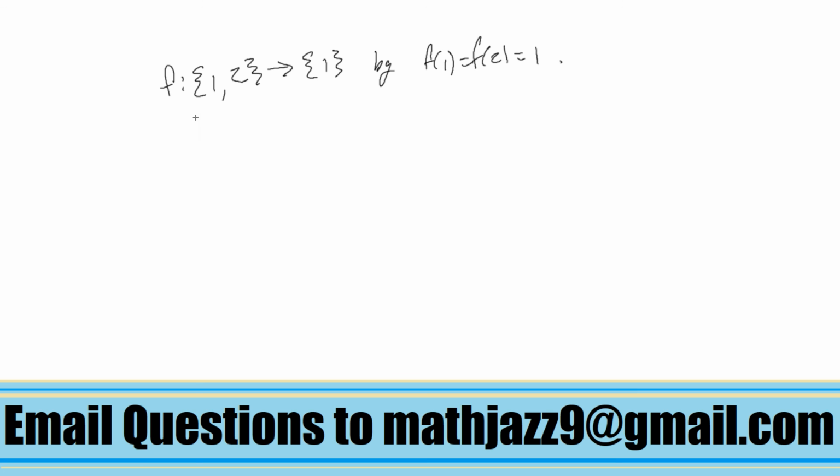Okay? This is surjective. But the cardinality of the set containing 2 elements is 2, and the cardinality of the set containing 1 element is 1, and 2 is famously not 1. So this is our counterexample to the statement.